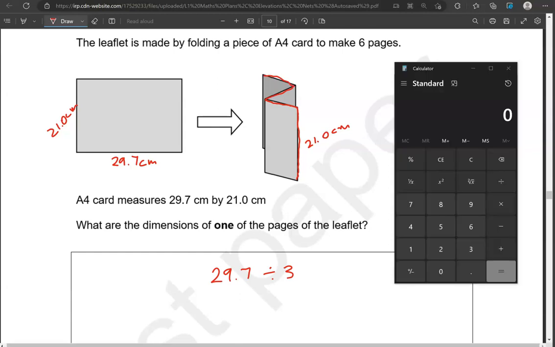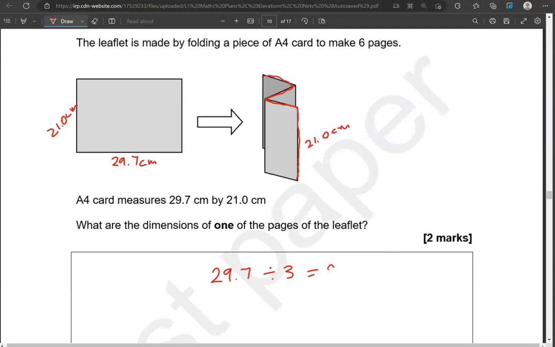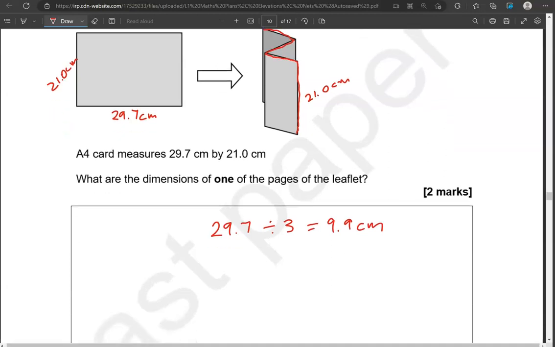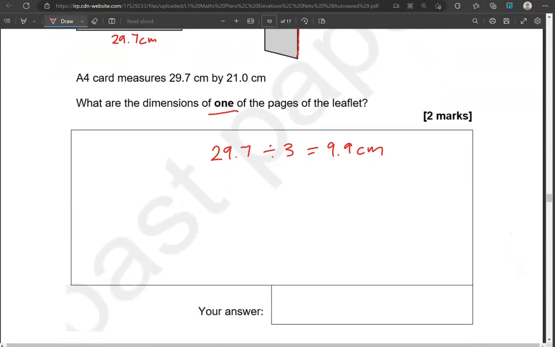So 29.7 divided by 3 gives us 9.9 centimeters. So the dimensions of one of the pages of the leaflet are 21.0 by 9.9 centimeters.